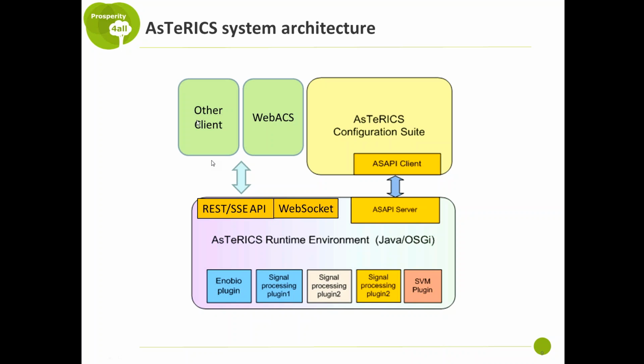So software like the one from LIFEtool can remote control the runtime environment through this API. And also the new web-based version of the ACS uses the new API and can upload and download a model file.